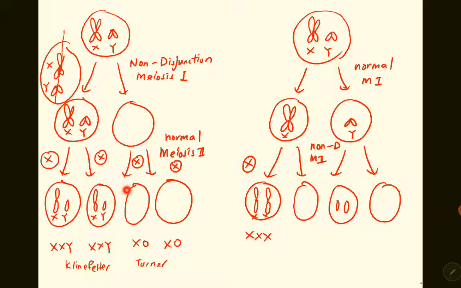So this is the triple X syndrome. While this X fertilizes the O, it becomes XO, which is Turner syndrome. X fertilizes this YY, now it becomes XYY. XYY is Jacob syndrome. And this one, X fertilized with O, becomes XO, Turner syndrome.